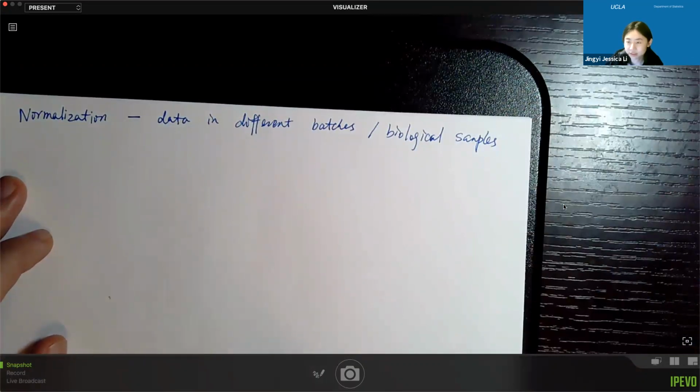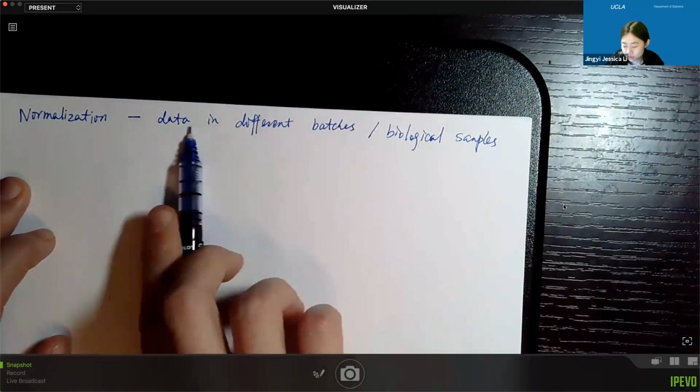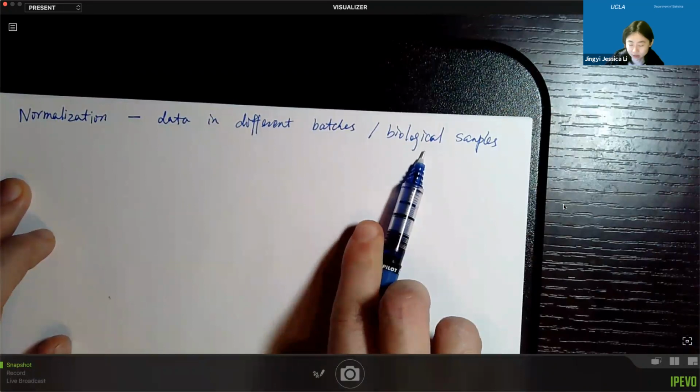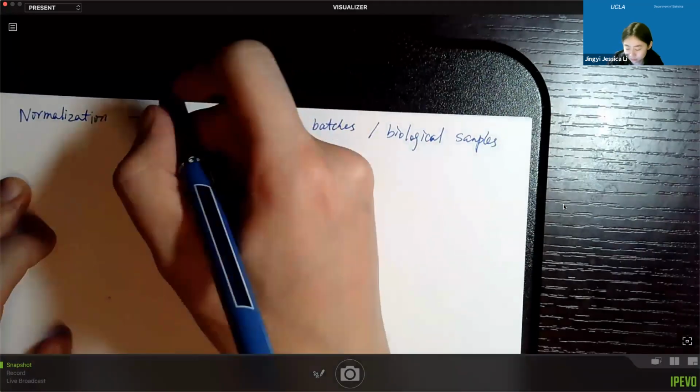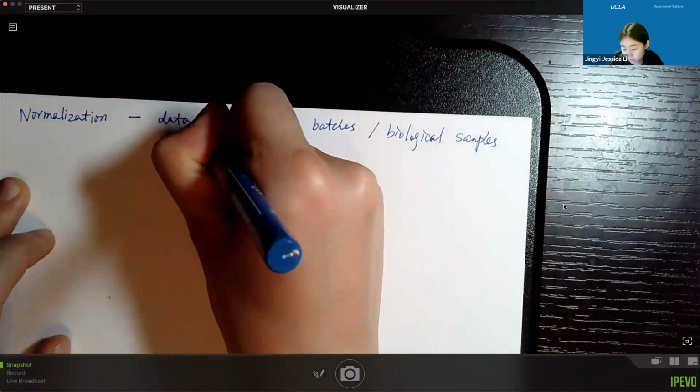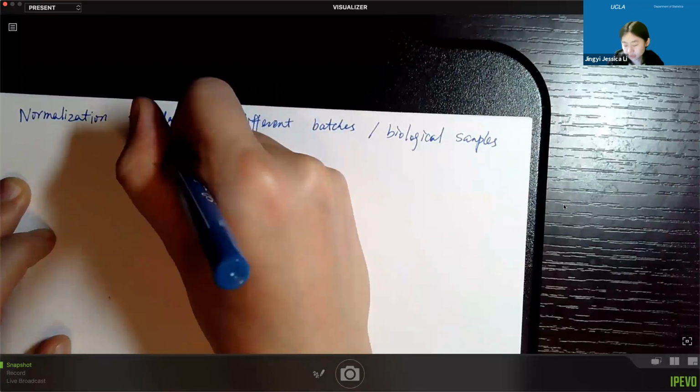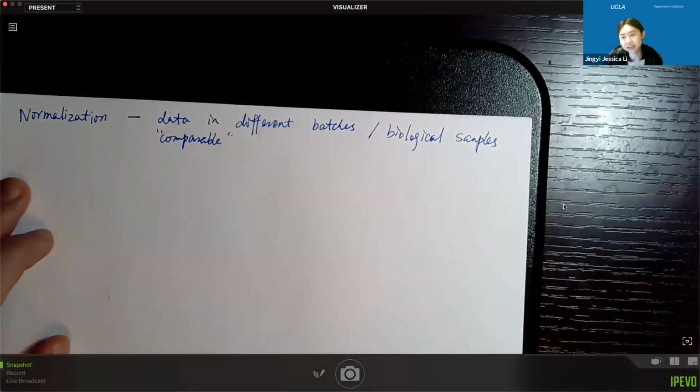In a biological sample, we call the genes, thousands of genes measured in one tissue as a sample. But a statistical sample, we consider IID observations as one sample, so that they're basically orthogonal. So we want to make data in different batches or different biological samples comparable. So this is the key. What do you think as comparable?